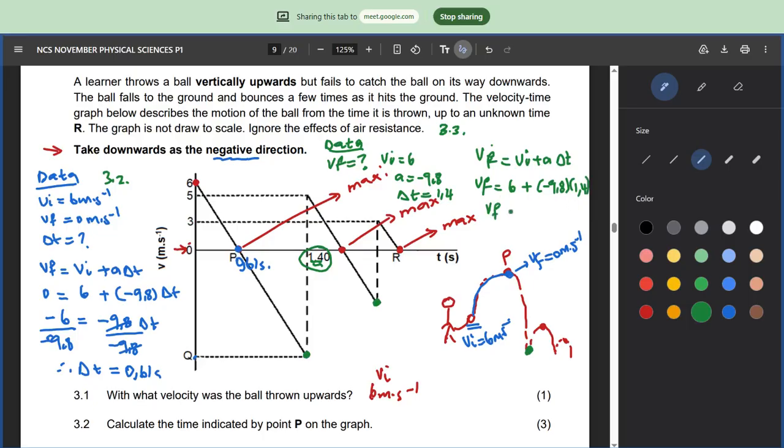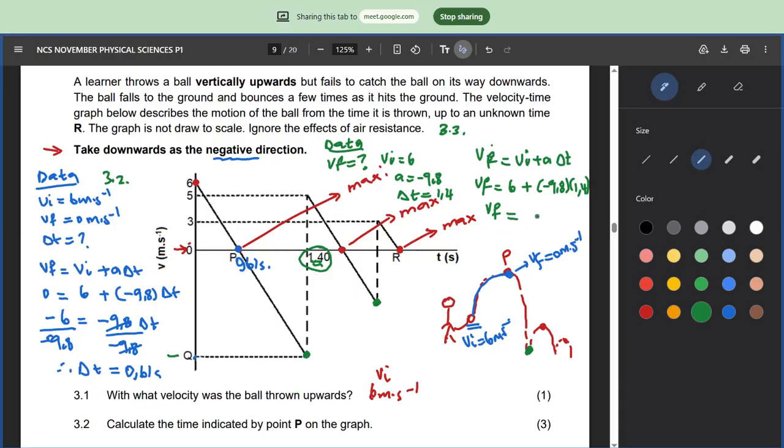So remember, we set it down as positive. The answer should be negative. What is your final velocity? You need to punch that on the calculator. What do you get as your final velocity? 6 plus negative 9.8 times 1.4.